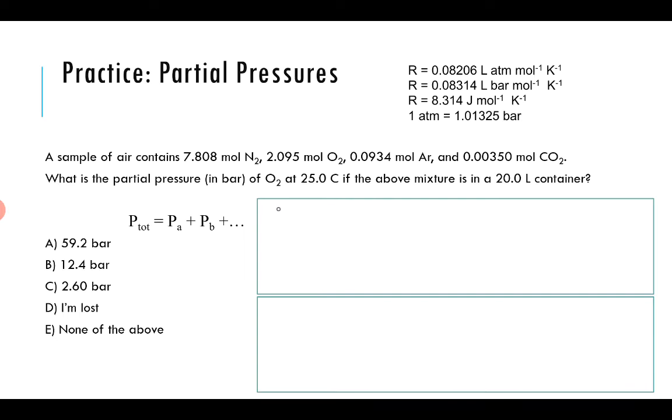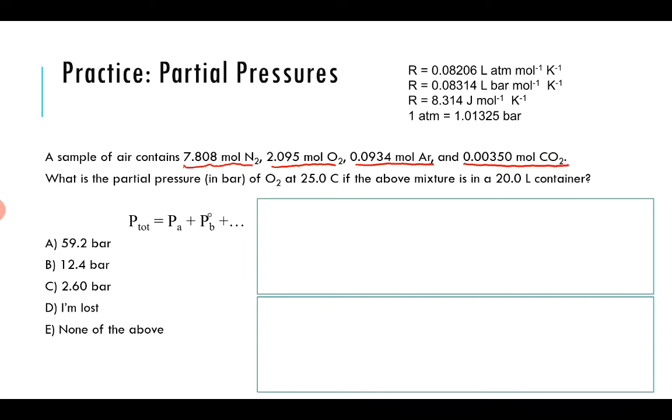Okay, so here's another practice problem for you. It says a sample of air contains this many moles of N2, this many moles of O2, and this many moles of argon, and this many moles of CO2.